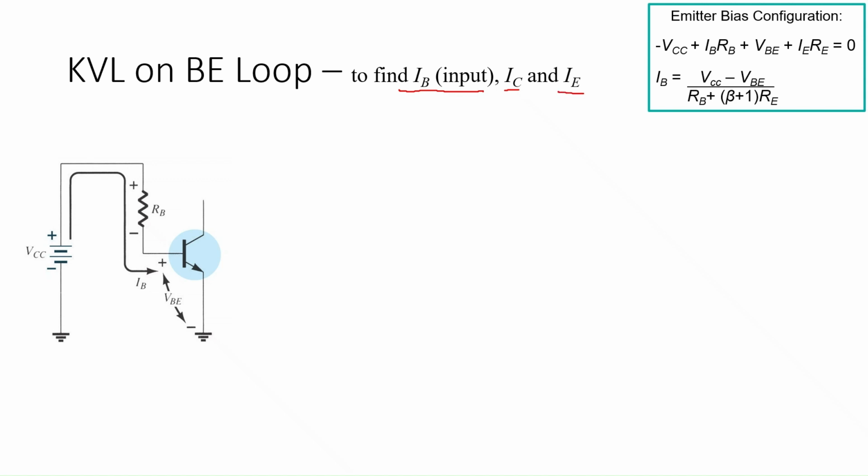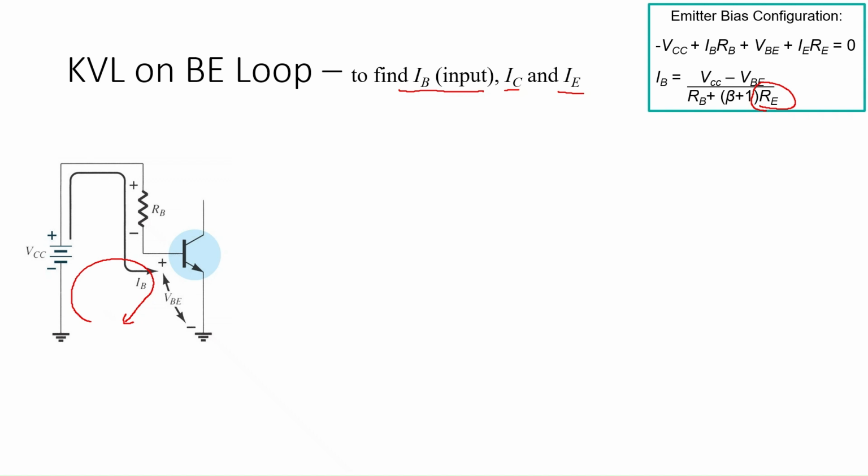As I mentioned just now, we can just substitute the value of RE with 0, but maybe we can try the KVL first. Let's say we use the clockwise loop.